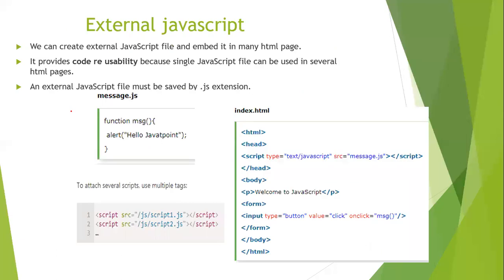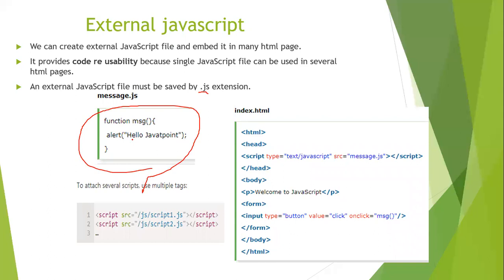Now the third way is the external file. Okay, so to use JavaScript from an external file source, all the JavaScript source code must be written in a text file with the extension .js. So make sure that the extension of the file is .js, and then include that .js file in the HTML. So over here we have written this JS file. Okay, this is our JS file.